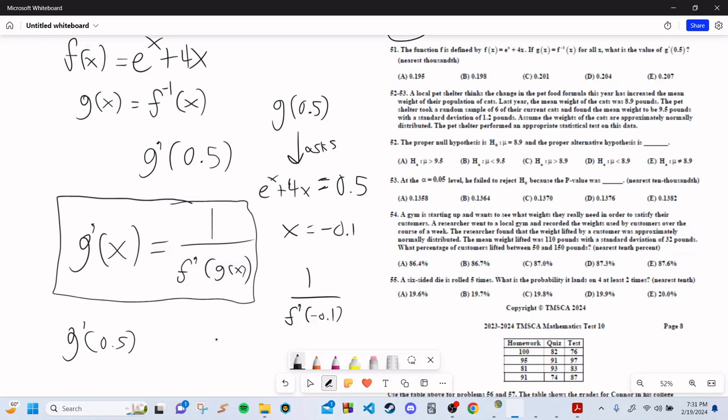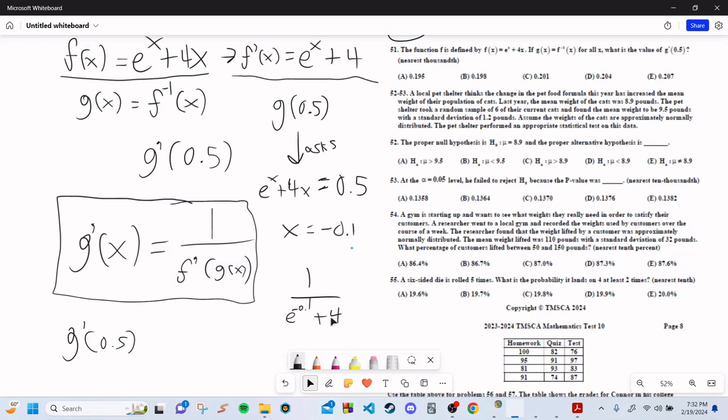Okay, so if this is f of x right here, then f prime of x, we take the derivative. The derivative of e to the x is itself. Derivative of 4x is 4 via the power rule. So this is the expression for f prime. And so I'm going to plug in negative 0.1 into there. So e to the power of negative 0.1 plus 4.